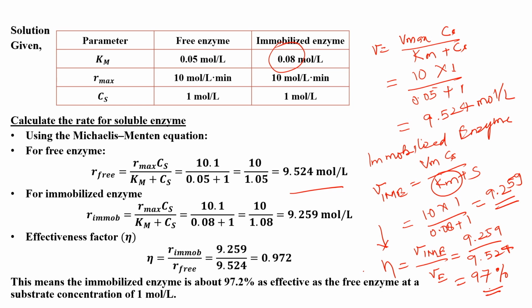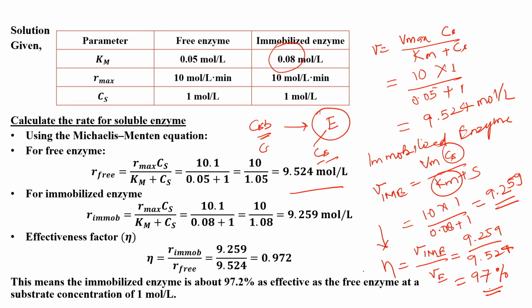What will happen in case of mass transfer resistance? Apart from the change in the kinetic parameters Km and Vmax, this Cs will also be changed. So, now we will be referring to two concentrations. One we will refer to as Csb, the concentration in the bulk, and when it comes to the enzyme surface, this concentration we will refer to as Cs.